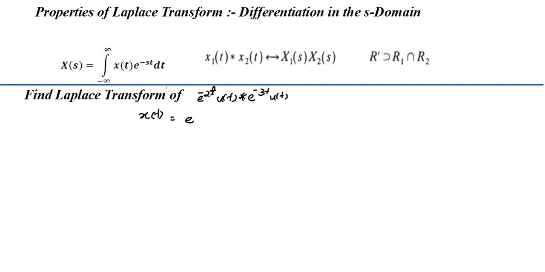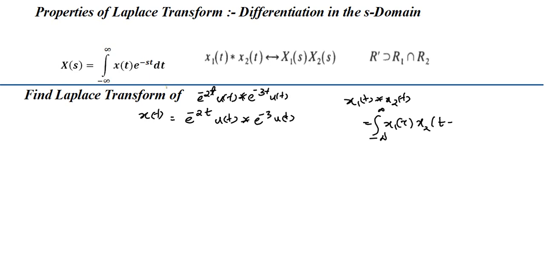Basically it is a convolution operation: for two signals x1 of t convolution x2 of t, the time domain equation is the integral from minus infinity to infinity of x1 of tau into x2 of t minus tau d tau.